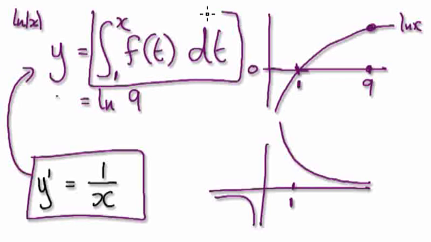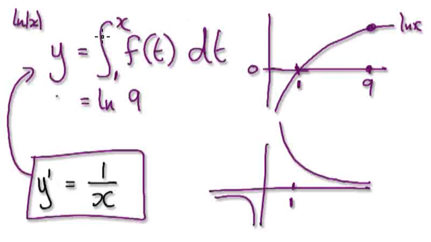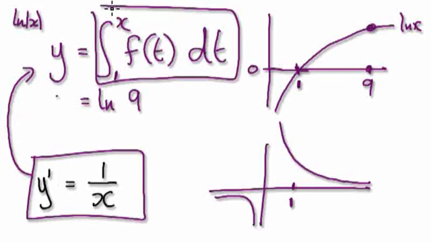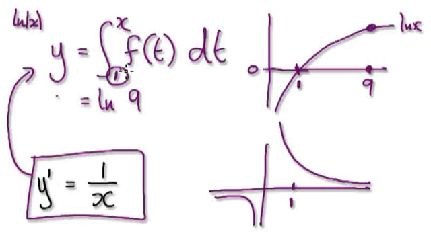Using this to see it from a different perspective, starting from 1 and going up to 9, that would be the area from 1 to 9, this area here.